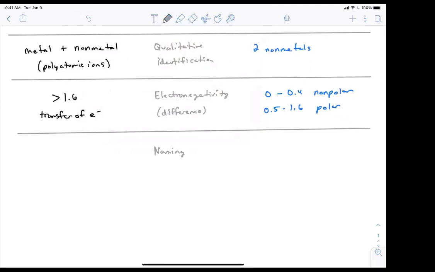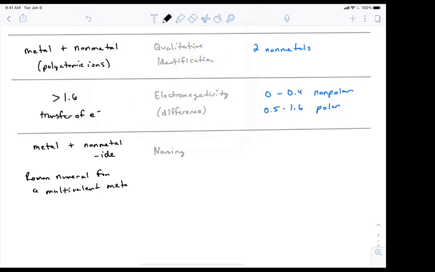Naming, okay? Naming ionic compounds versus covalent compounds. With ionic compounds, it's generally metal and non-metal, but you convert the non-metal to IDE. You generally don't change the name of the metal. The only exception is when you have to put a Roman numeral for a multivalent metal.